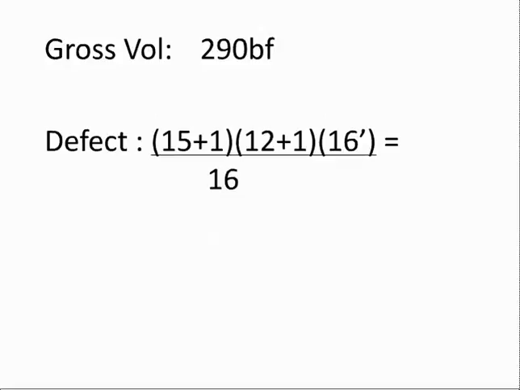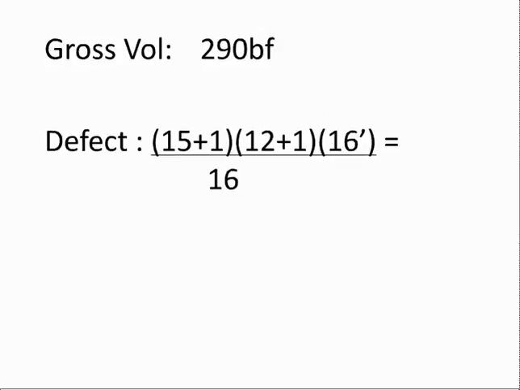So we add a 1/2 inch in diameter around both sides of that. So that becomes 15 plus 1, a 1/2 inch on either side, times 12 plus 1, times 16 feet in length for the decay, and then we divide by 16. Now this 16, as you recall from lecture, is a constant when we're using the international 1/4 inch.